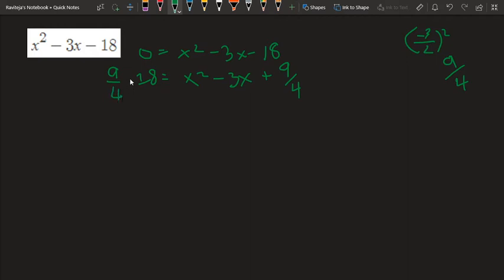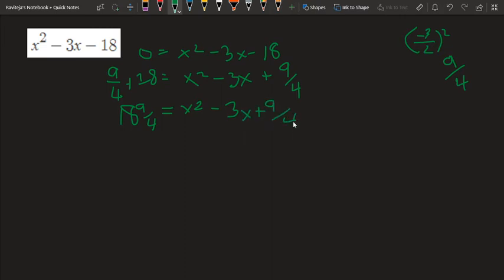9/4 plus 18. Okay. So now all we have to do is simplify on the left side, where we get 18 and 9/4 as our mixed number. And then we get 18 and 9/4 equals x squared minus 3x plus 9/4.